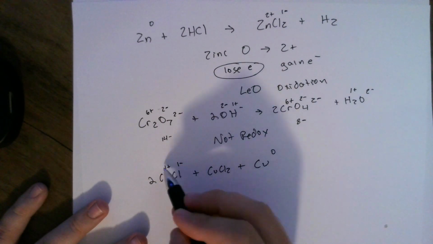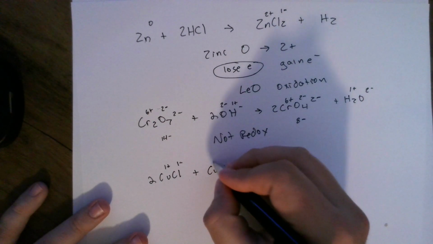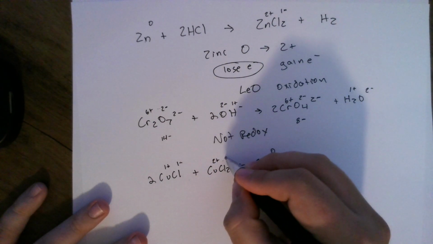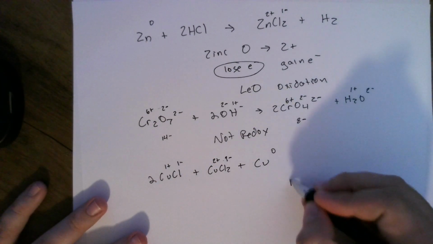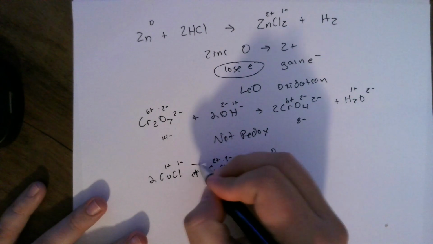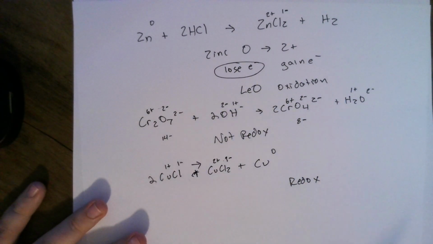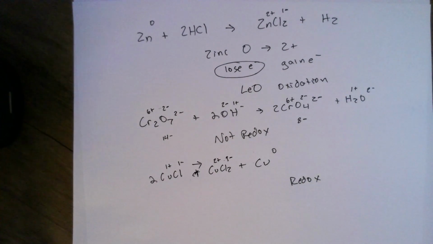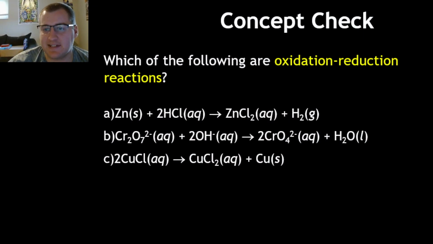There's 1 of each of these, so there's 1 plus charge for each one. This one was made of copper 2 plus and Cl 1 minus. So this one is a redox. This is probably confusing looking. It's supposed to be an arrow. Because copper changes. So A and C are both redox reactions, or oxidation reduction reactions.